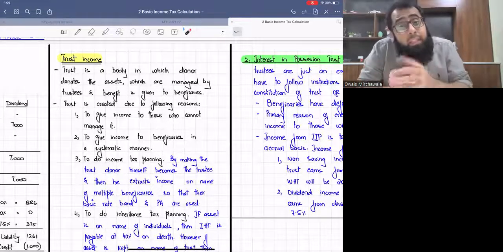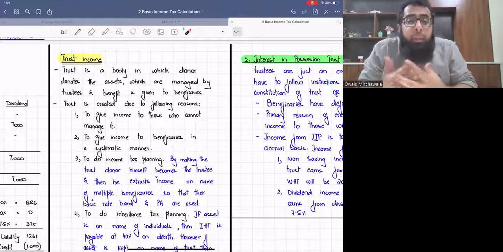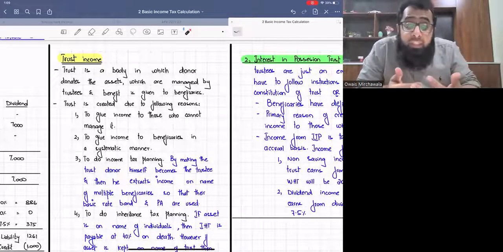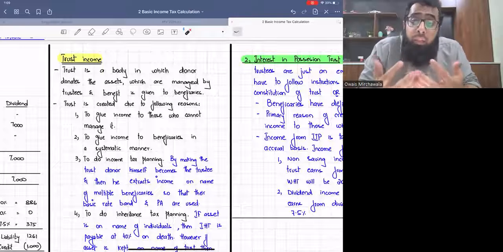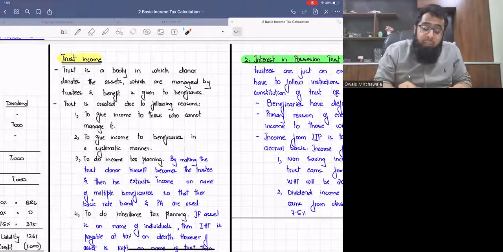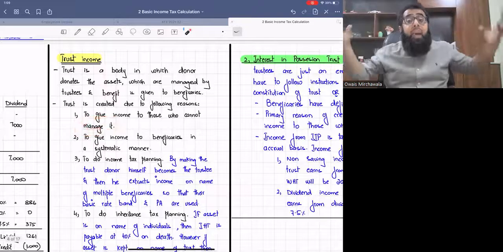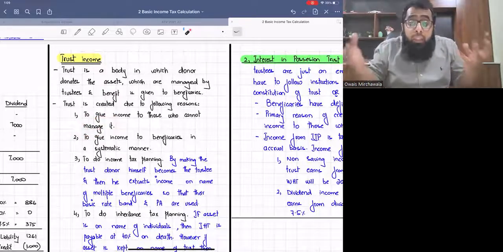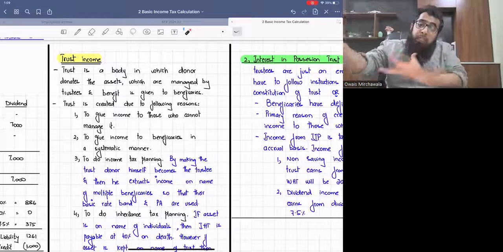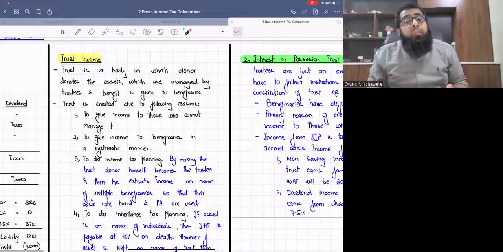Now, these are the legitimate reasons. For example, a person is dying and he wants the income to be distributed in a specific manner, or he wants the income to be given to those who cannot manage that entire business empire themselves. So he creates a trust, appoints a board of trustees, and asks the trustees to give income in a specific manner.